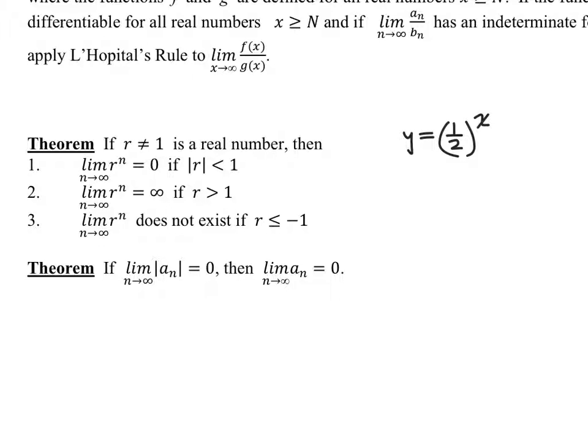So if I start off with the first x value, so x equals 1, y would be equal to 1/2. X equals 2, y would be equal to 1/4. X equals 3, y would be equal to 1/8, and so on.